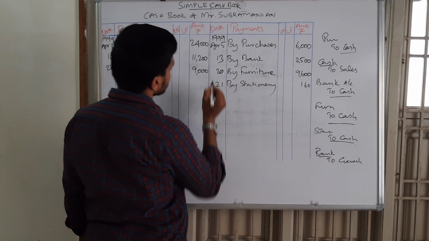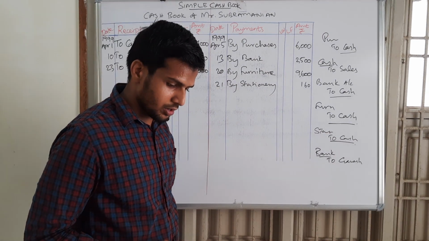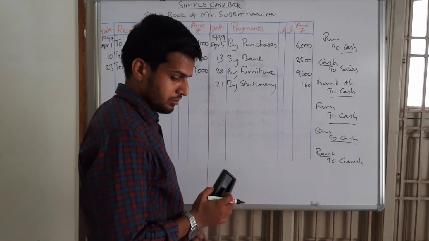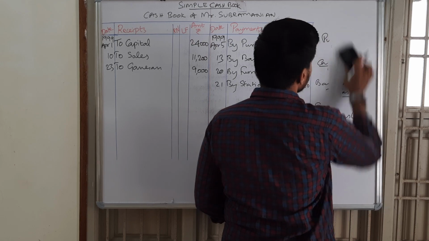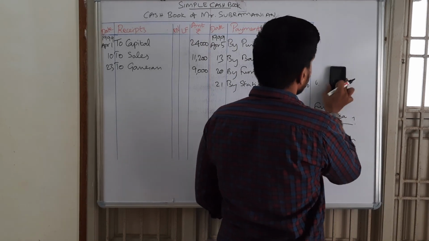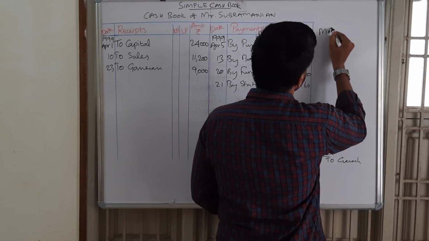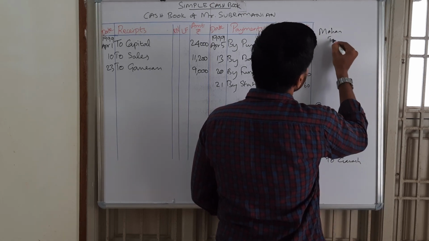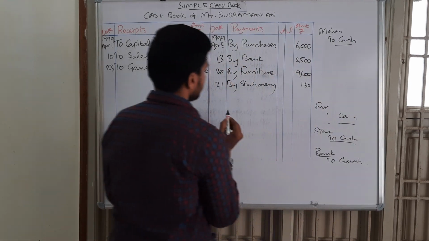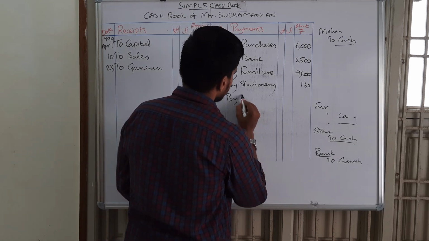Right? And the next thing is on 25th paid Mohan. On 25th paid Mohan. So Mohan account to cash account. So cash got credited and should be written on the credit side, that is the payment side, by Mohan.